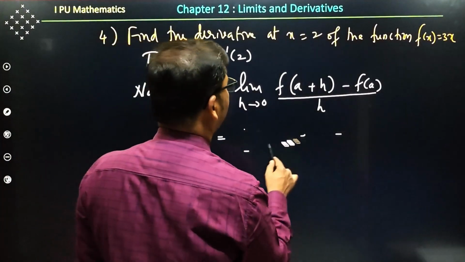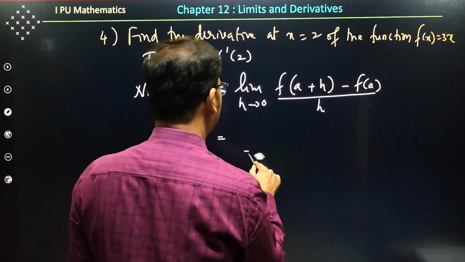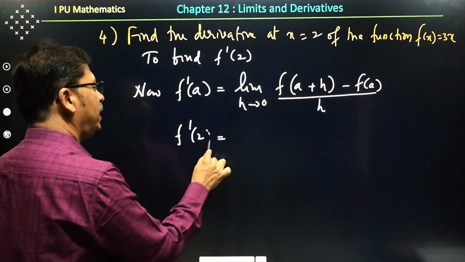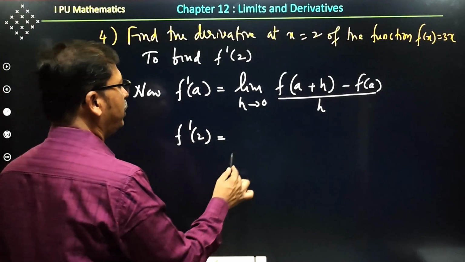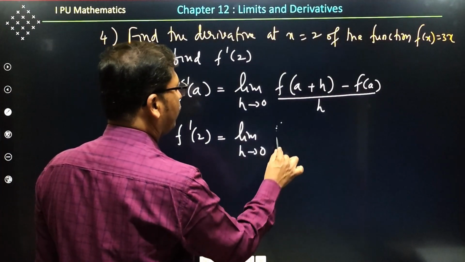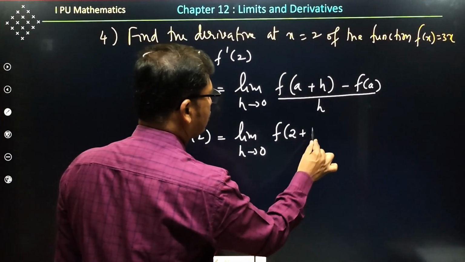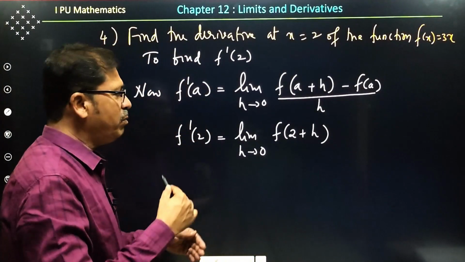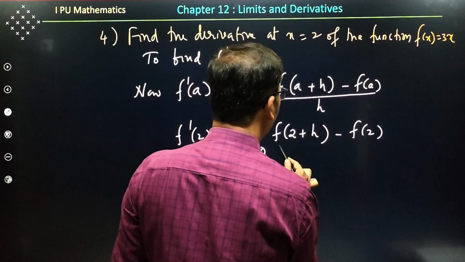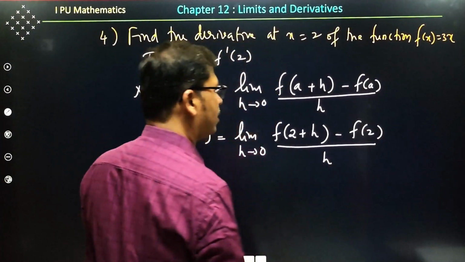See what we need to find out here. f dash of 2 you need to find out. a is to be replaced by 2. Now only you take here 2. This is limit h tends to 0, f of 2 plus h, a is replaced by 2, minus f of a, that is nothing but 2, whole divided by h here.